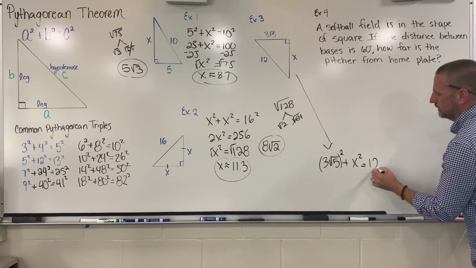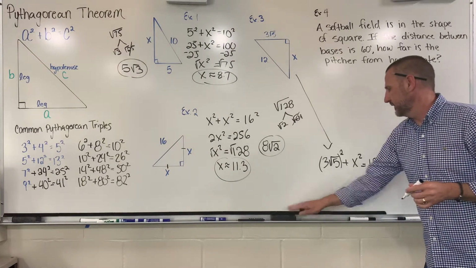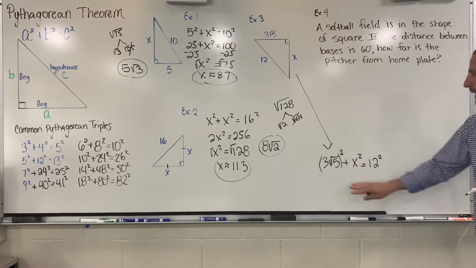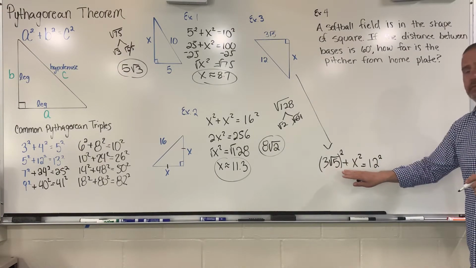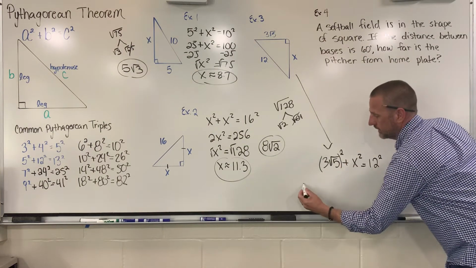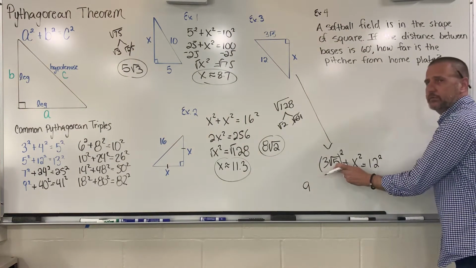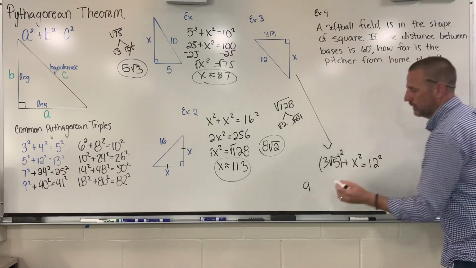Equals 12 squared. Okay, well, we went over this. We did a lesson on this and quite a few practice problems. If you want to take 3 square root of 5 and square it, 3 times 3 is 9, and square root 5 times square root 5 is actually 5, because 2 roots make a whole.